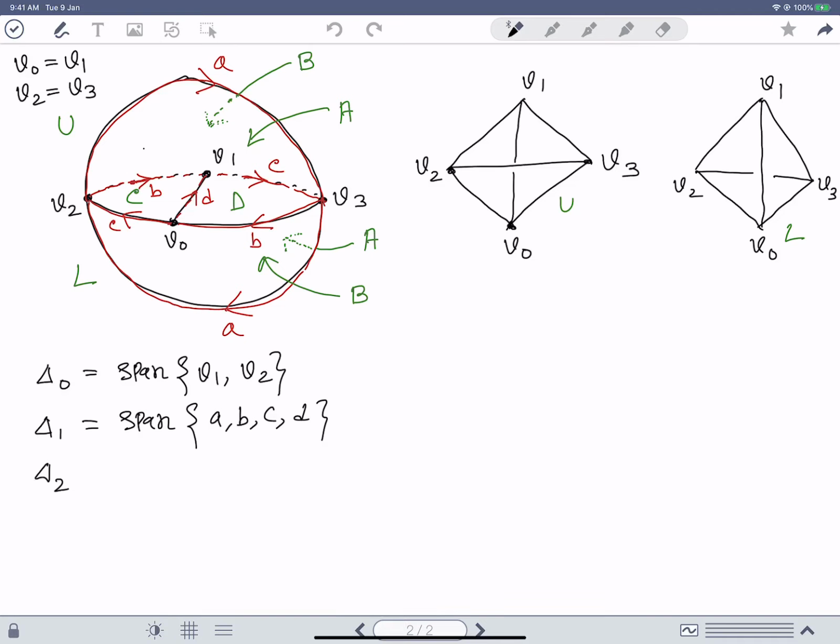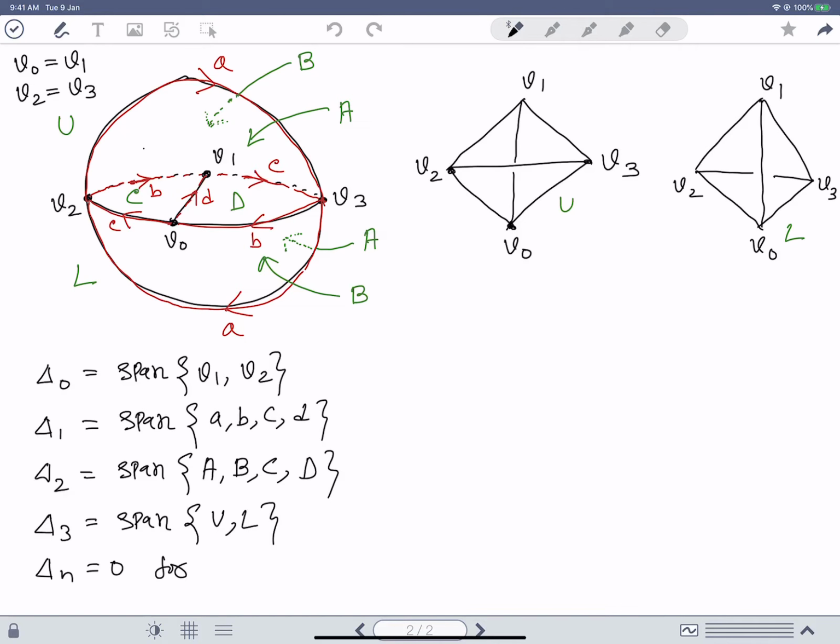Delta 2 will be the span of the triangles, say capital A, B, C, D, and delta 3 is the span of U and L. Fine. And delta n will be 0 for n bigger or equal to 4.